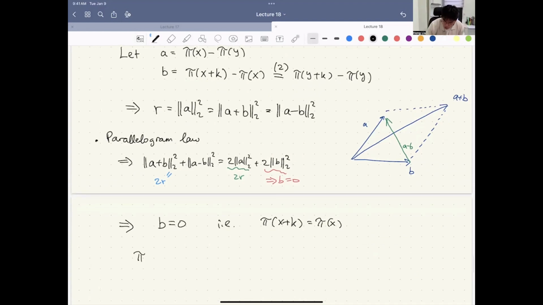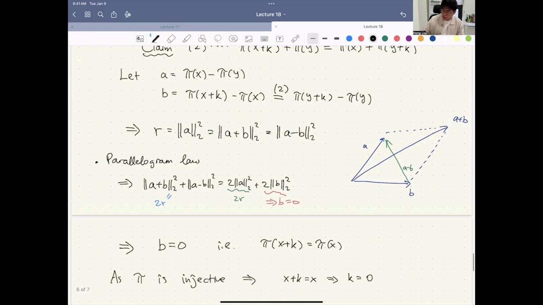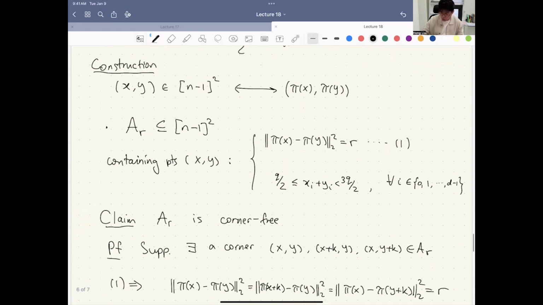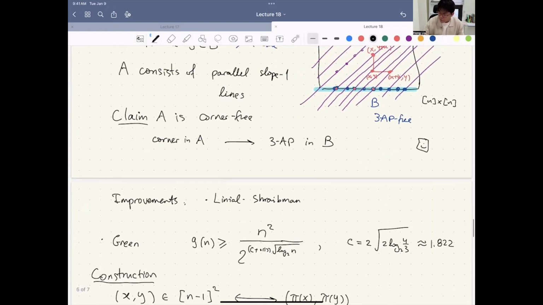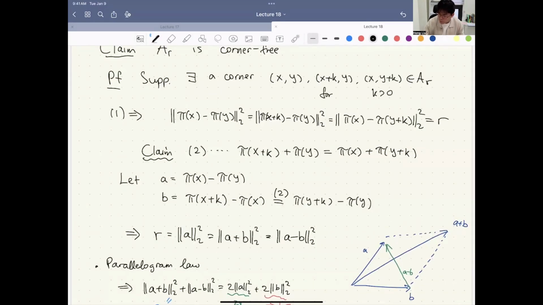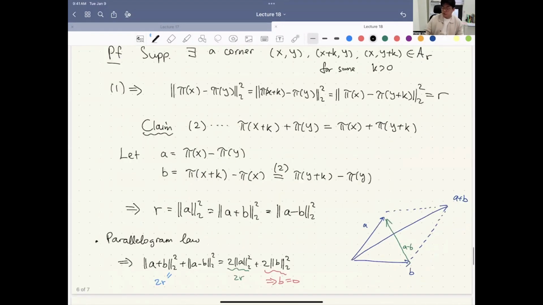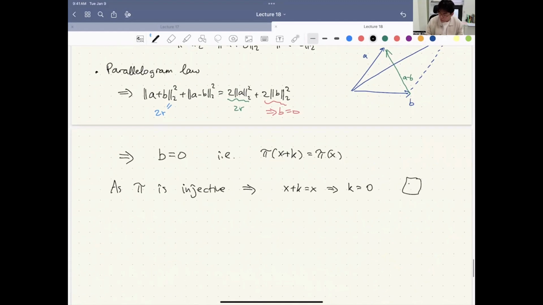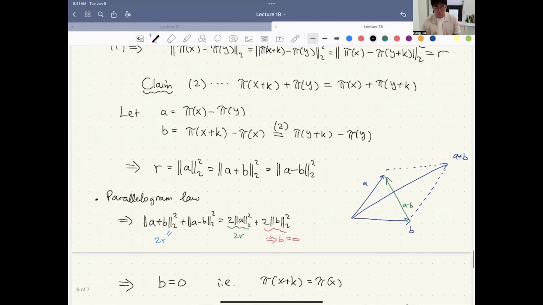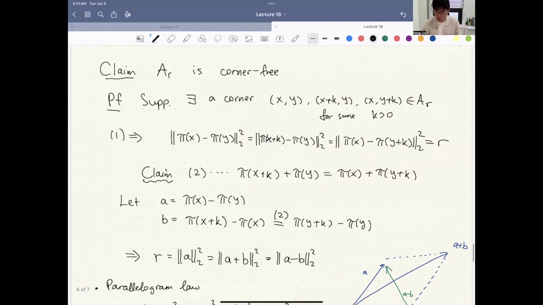As pi is injective, this implies x equals x plus k, right? In particular, k equals 0. What does it mean that k equals 0? We get a contradiction. Well, we assumed we have some non-trivial corner, right? K bigger than 0. This finishes the proof that A_R is corner free, assuming this.